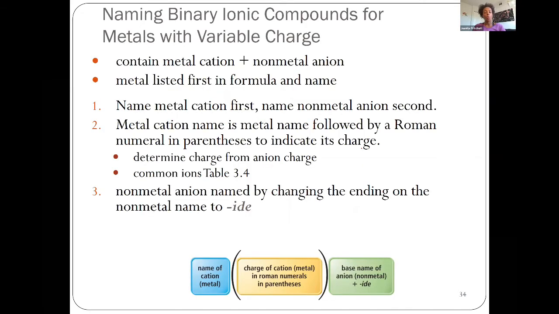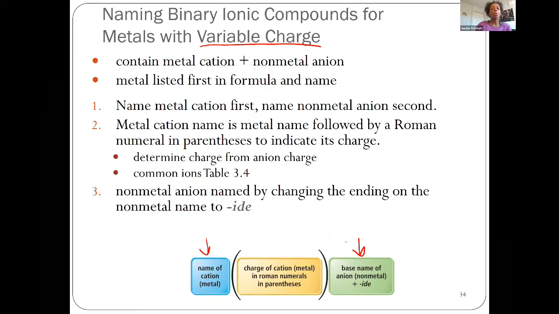Okay, now when we're dealing with any other metal besides group 1, group 2, silver, aluminum, zinc, or scandium, you then are dealing with a metal that can have a variable charge, meaning it has multiple charges that exist. And so we need to indicate what charge of the metal we are dealing with in this particular compound. And so we still do the basics of what we did in the fixed example, where we list the metal or the cation first, and we list the nonmetal or the anion with the IDE ending.